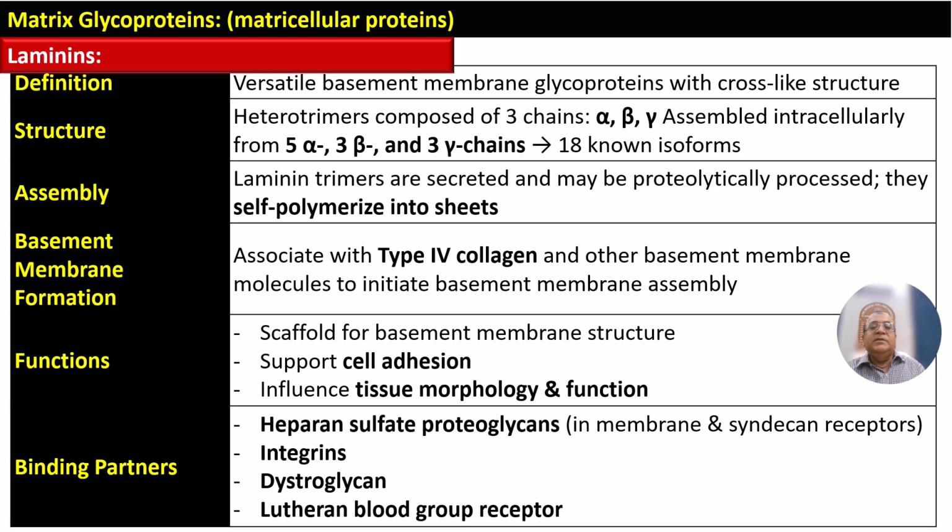Laminin is a versatile basement membrane glycoprotein, as we have seen in the basement membrane video, and it has a cross-like structure. It is composed of heterotrimers that are proteolytically processed. They self-polymerize into sheets.